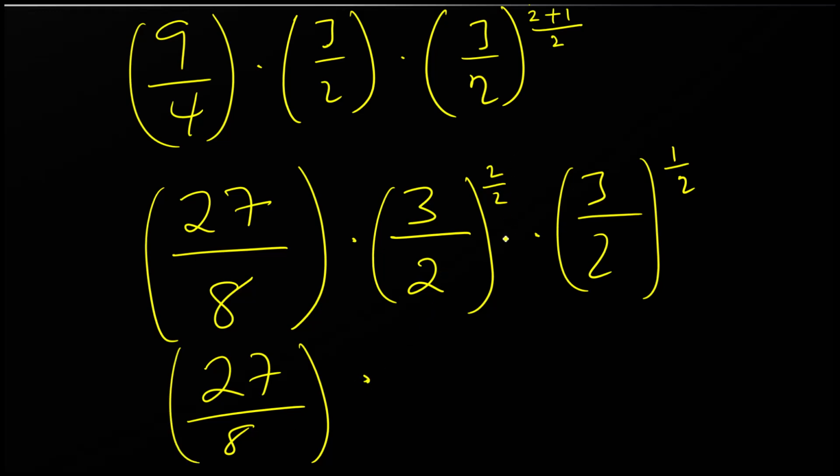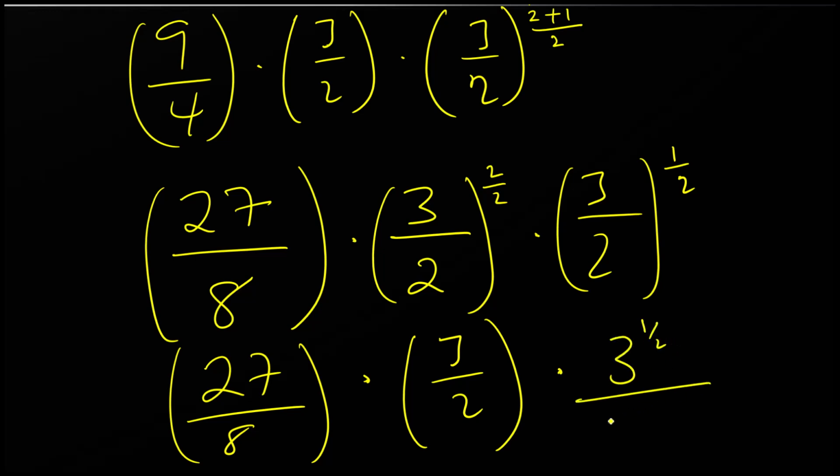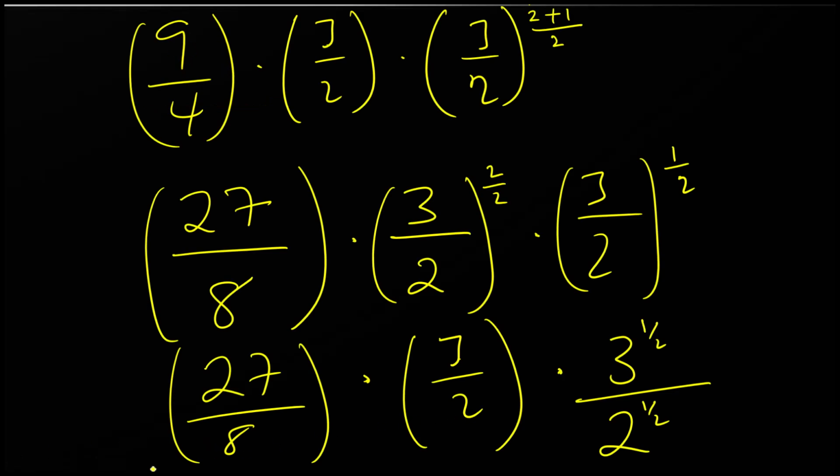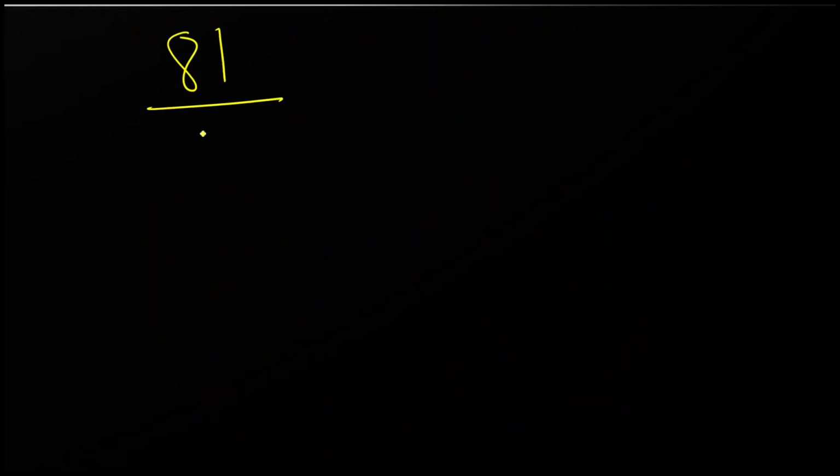times 3/2 times. So we can write this one as 3 to the power half over 2 to the power half. So 3 times 27 will be 81, 81 over 8 times 2, 16, times.